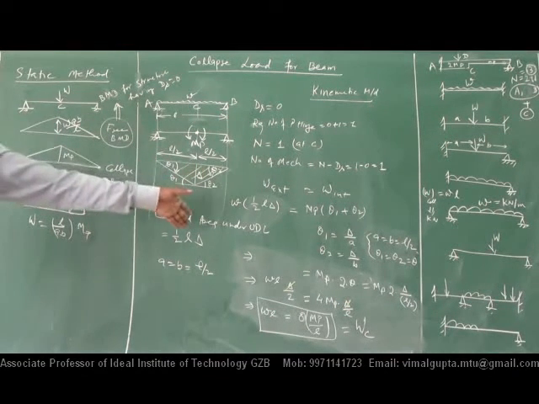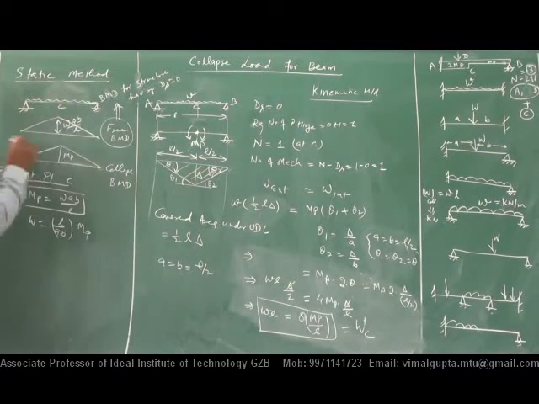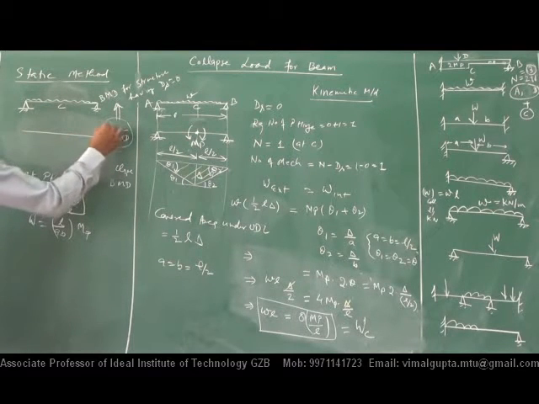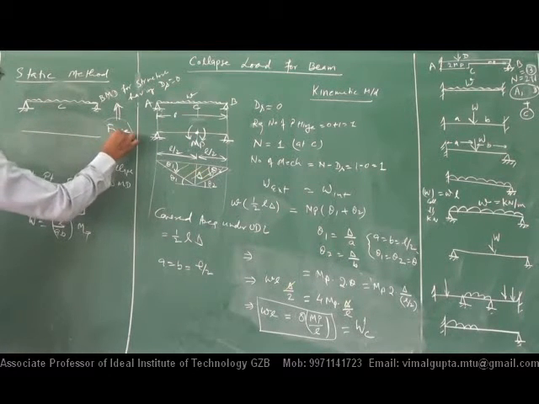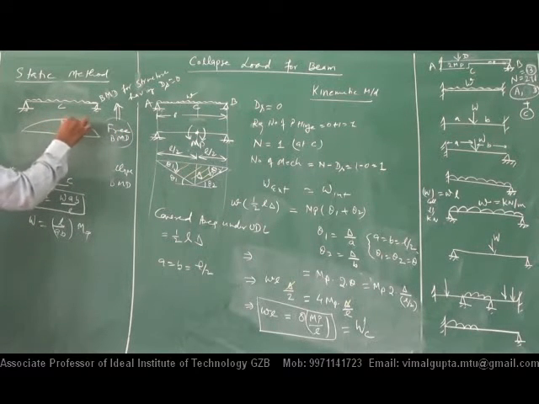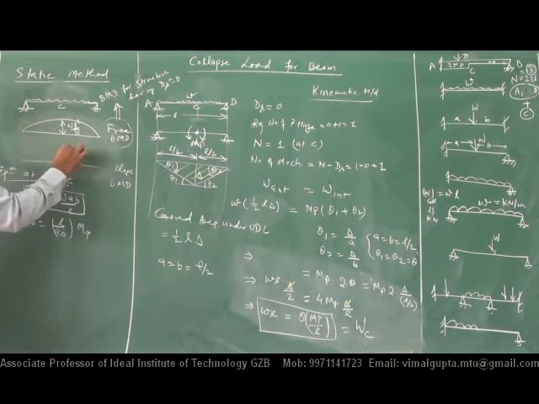Okay, that is the kinematic method. If we want to find the value of the load by the static method, what will I do? Same thing. The free BMD will change since the load is UDL, therefore the BMD will change. The free BMD shape will be WL square by, and the collapse BMD is MP maximum.